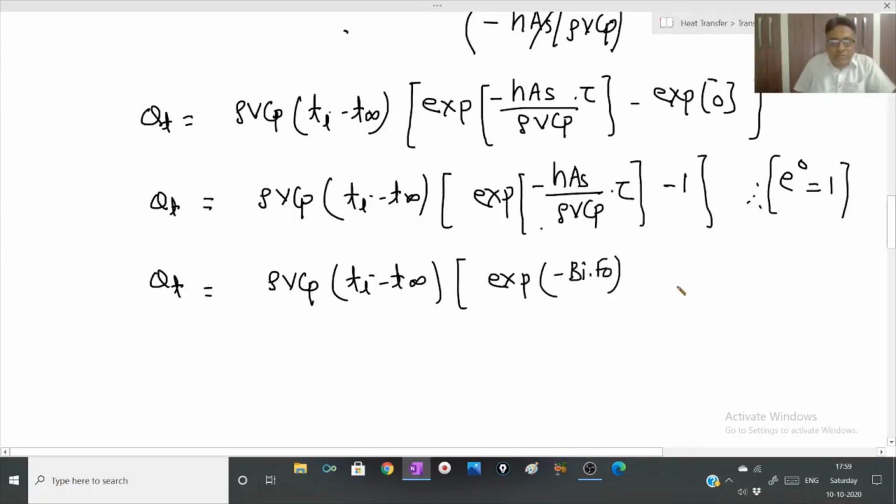This entire term can be represented by the product of Biot number and Fourier number, minus 1. So these two equations will give me the total or cumulative heat flow rate.